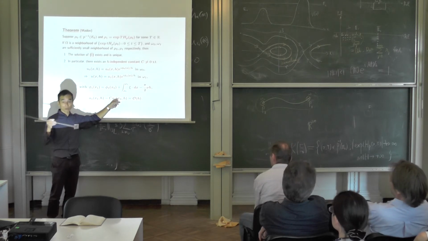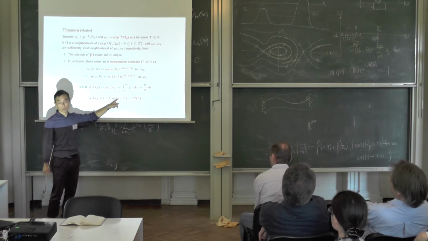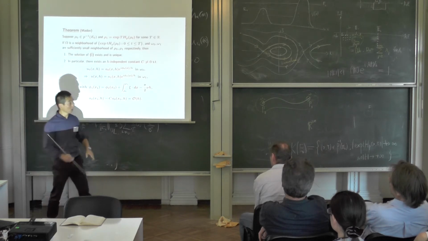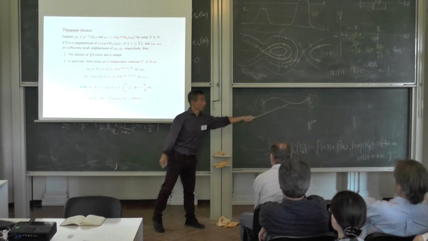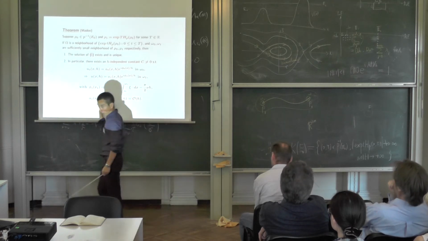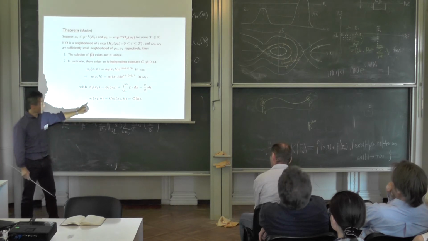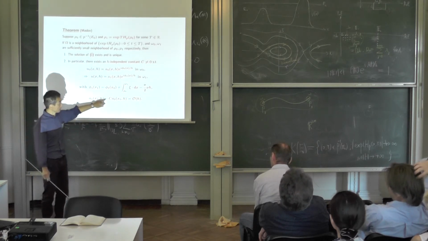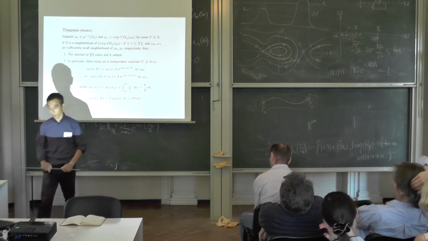You don't differentiate or anything. You just multiply by some constant depending only on this curve, the geometric constant, which is independent of h. So you don't change the order in h, in powers of h. This is very important, right?